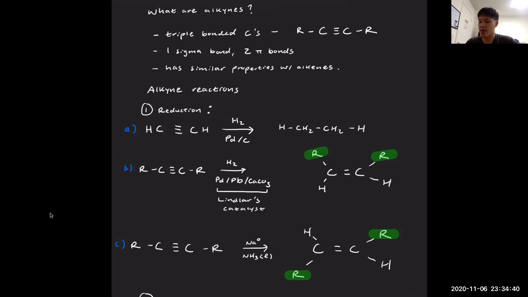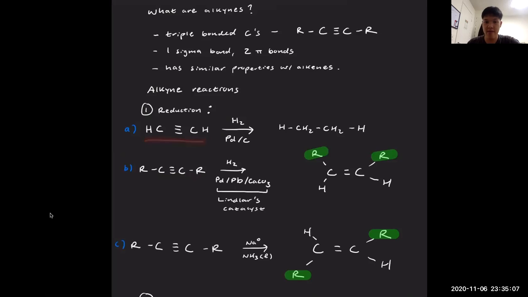You'll be given a starting compound, and I'll want you to make this compound from this compound, right? So you would have to know these reaction tools and reagents, so that you can prosper in these synthesis problems.